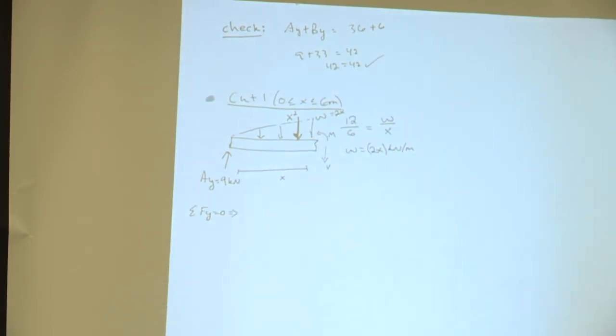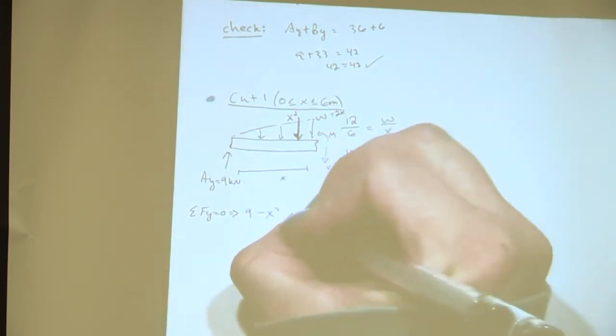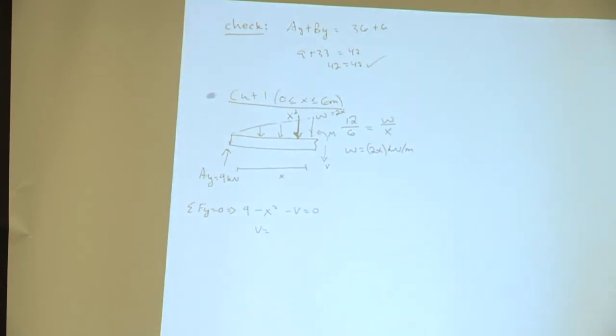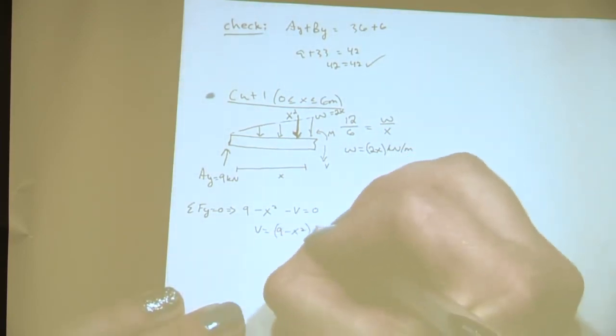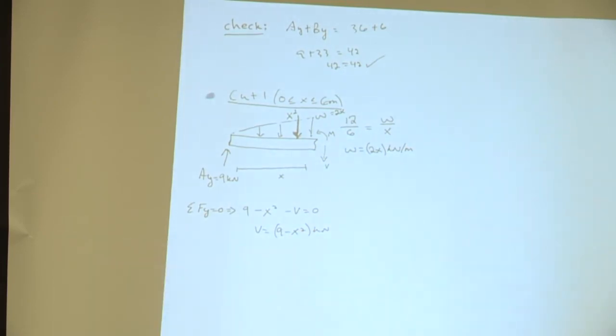How many terms should we have in our equation? 3. So we have positive 9 minus x squared minus V is equal to 0. That gives us our shear equation: V equals 9 minus x squared, in kilonewtons.